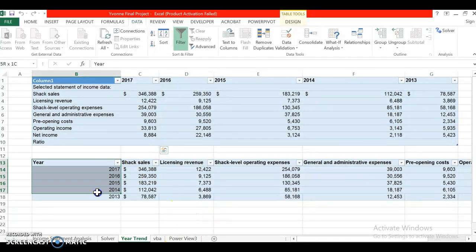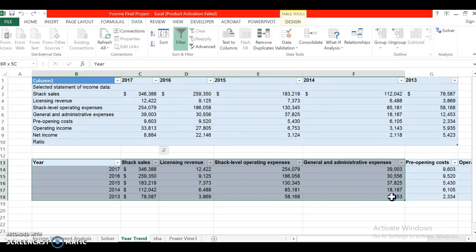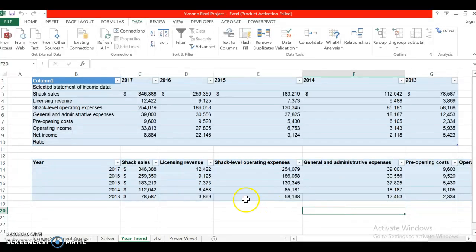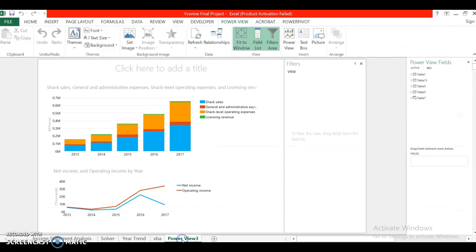Those data are also from the investor relations website, and I created a Power View in order to better visualize the data. In our Power View, I created a chart graph and a line graph.